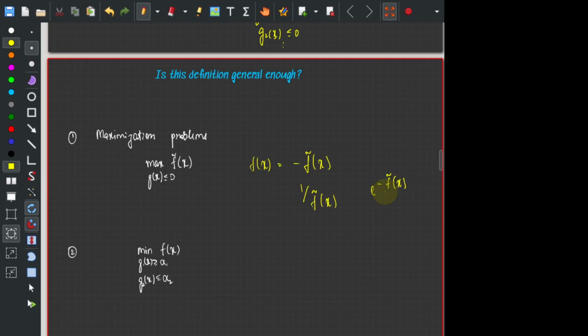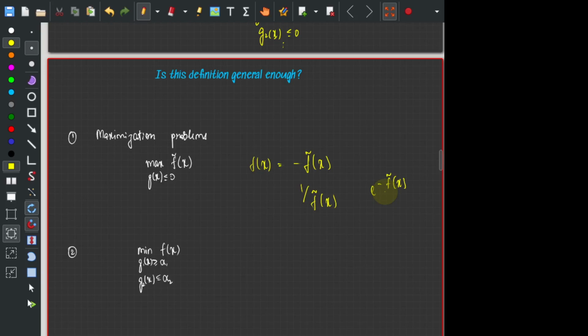Monotonically decreasing. Exactly, right? So I can take any monotonically decreasing function h, and maximizing f tilde of x is the same as minimizing h of f tilde of x. Correct? And you'll see that in certain problems, the choice of h can also matter. Sometimes just taking minus f tilde of x may work out, but using a slightly cleverer h can sometimes help you in coming up with an easier solution.